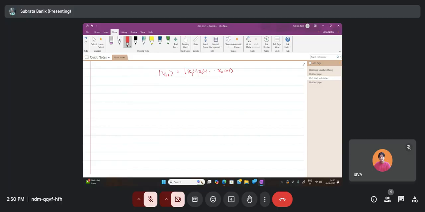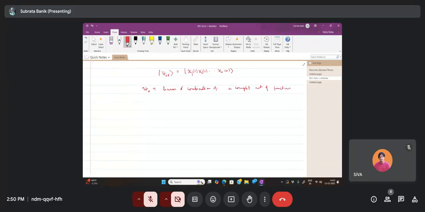Right? Now, the exact wave function will be a linear combination of a complete set of functions, right?